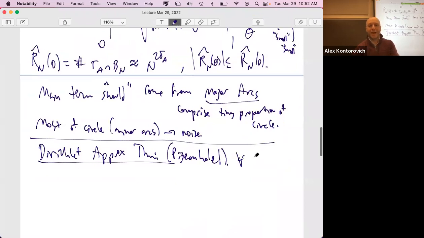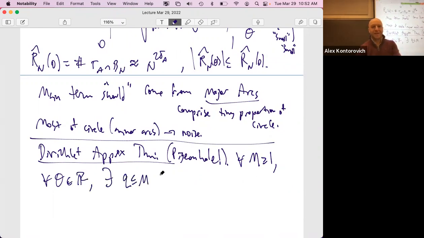For any parameter, let's call it m, and for all theta in R, there exists a denominator q at most m, and there exists a numerator a coprime to that denominator, so that |theta minus a over q| is less than 1 over q times m. Okay, and the proof is completely trivial.